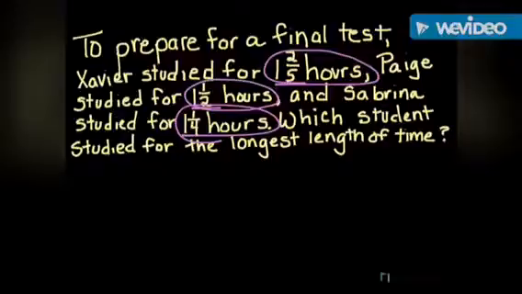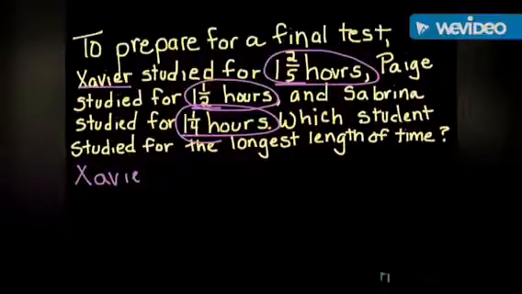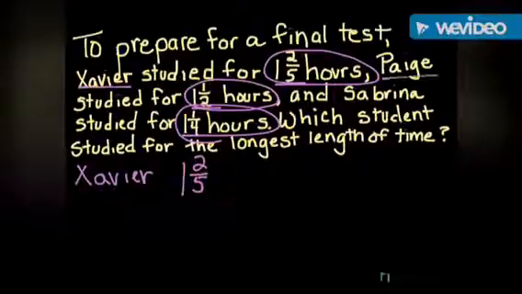To figure this problem out, I need to know which fraction is greater. So first I'm going to look at Xavier. We know Xavier studied for 1 2/5 hours. We know Paige studied for 1.5 hours.